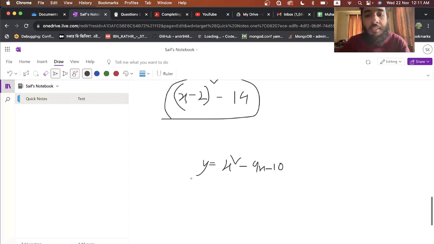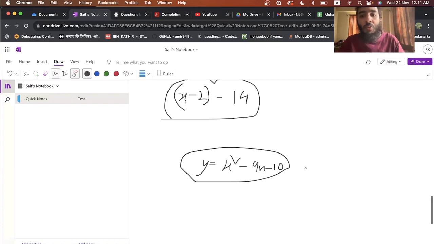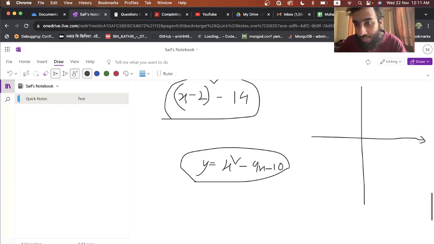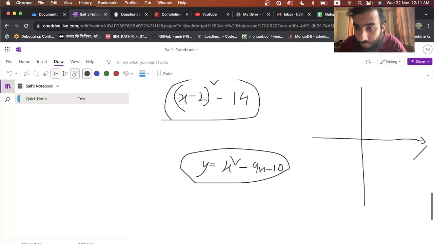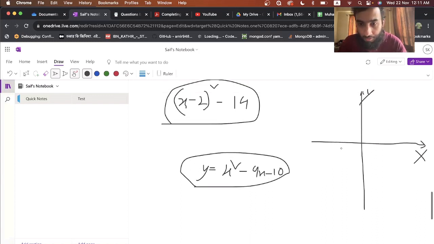If I think of this equation from a geometric coordinate perspective, let's say this is the x-axis and this is the y-axis.